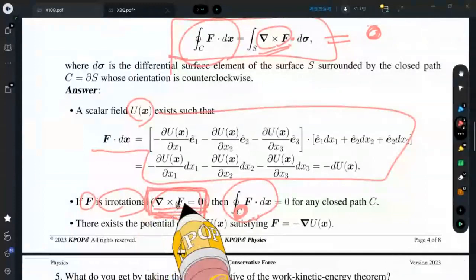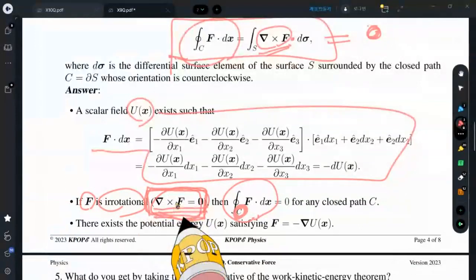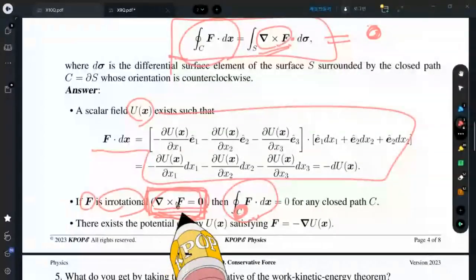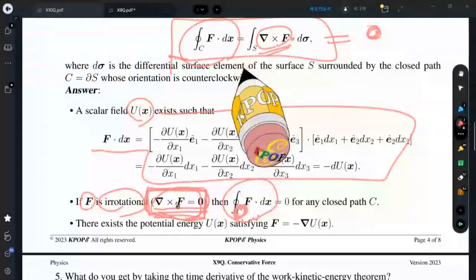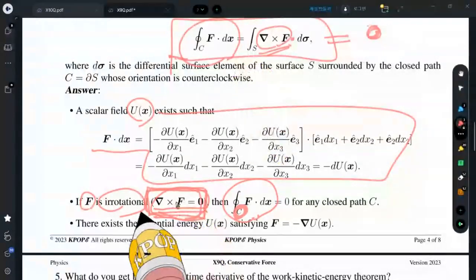Usually what we study is vanishing curl, for example, the electrostatic field. The magnetic field does not vanish. For the electrostatic field and the gravitational field, the curl is 0, so they are irrotational.